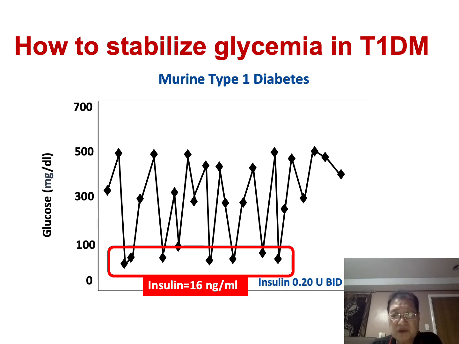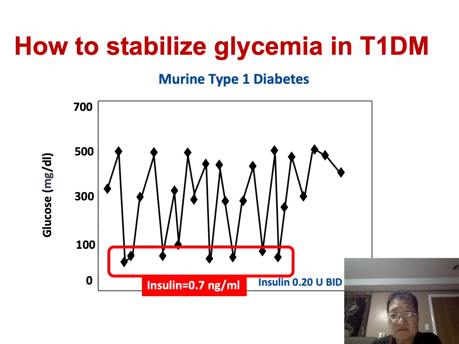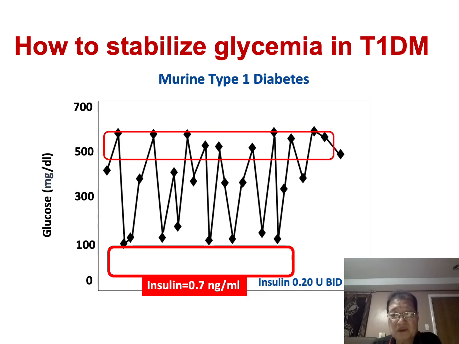However, when you reduce insulin, okay, you may reduce hypoglycemia, but you will further increase glucagon level. And you don't eliminate the surge of hyperglycemia.